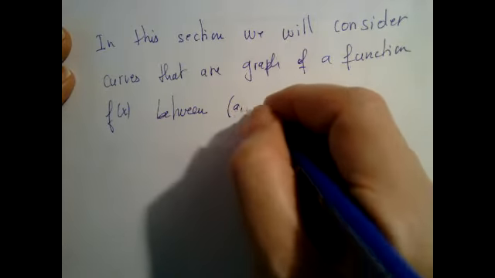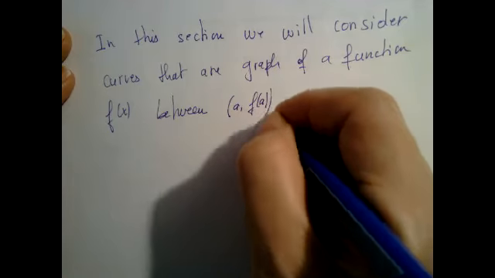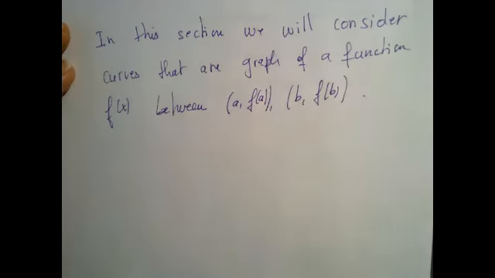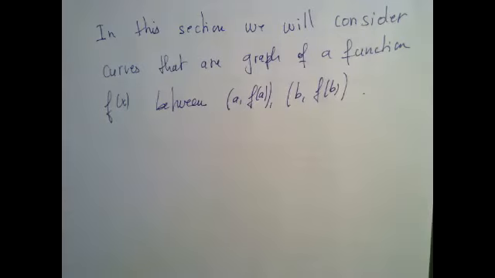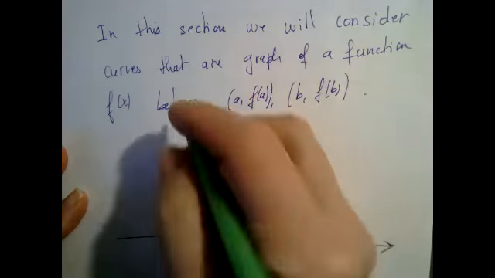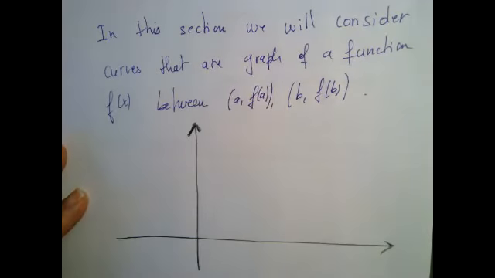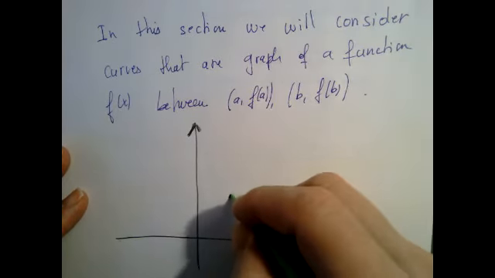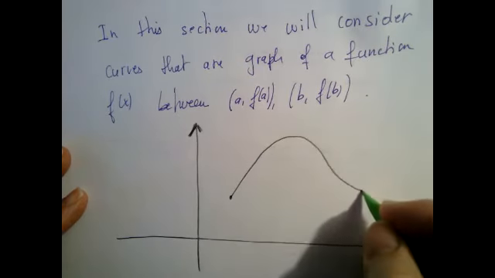Let me call those points A, f of A, and B, f of B. So what am I talking about? I'm talking about the following. The curve I'm going to be looking at, that's the graph of a function.